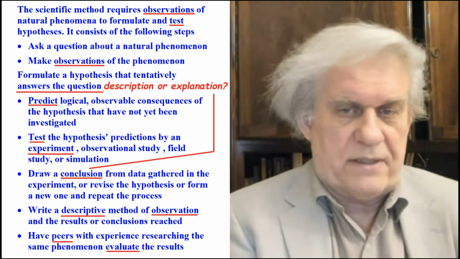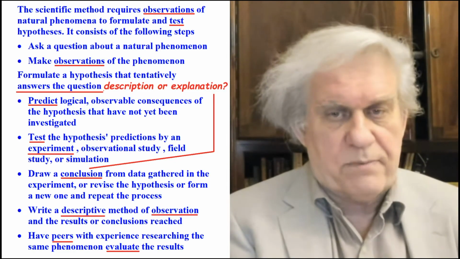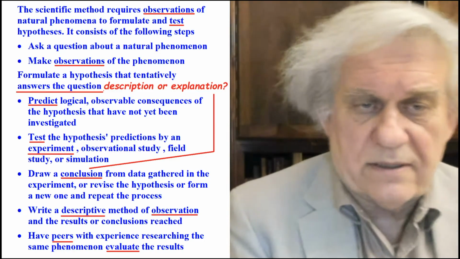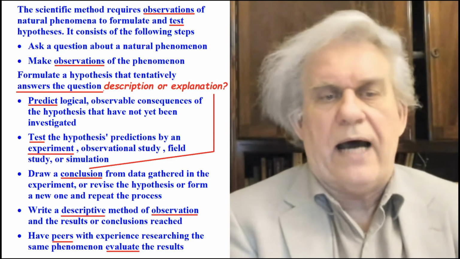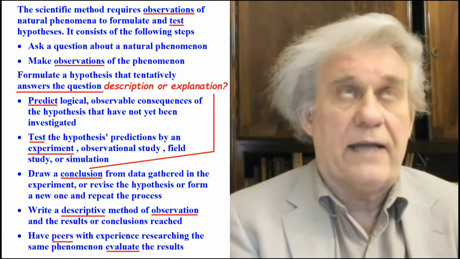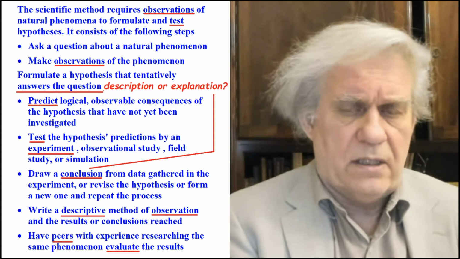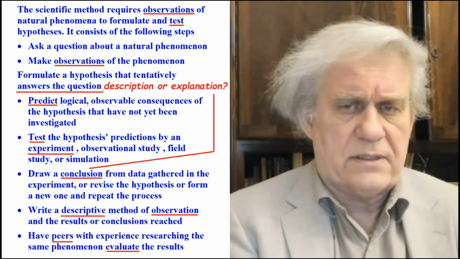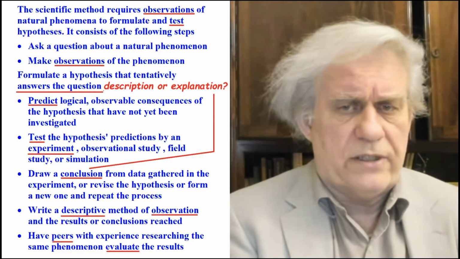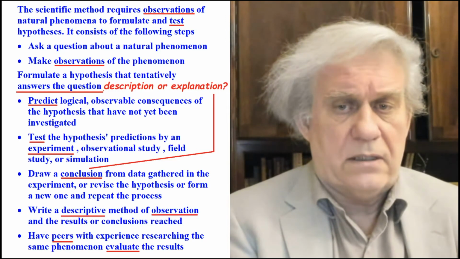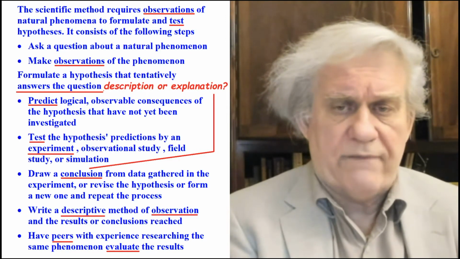If we're going to just do a description, well, that's different than giving an explanation of a mechanism. First one, predict logical, observable consequences of the hypothesis that have not yet been investigated. So you do a prediction. Is that an explanation? If you predict that tomorrow at 2 o'clock horse number 5 will win the race, and it does, even if it does, so far all we have is a description.